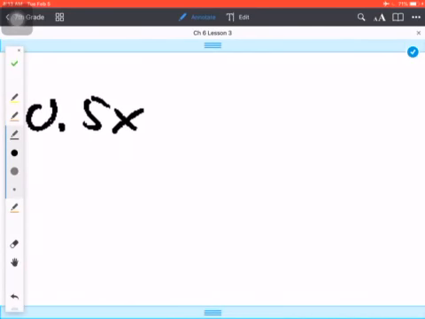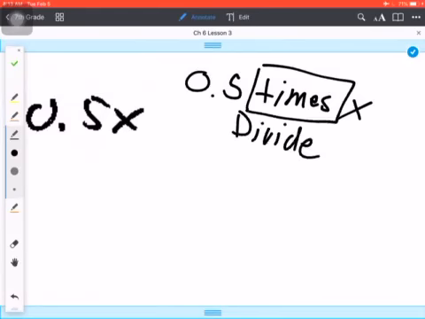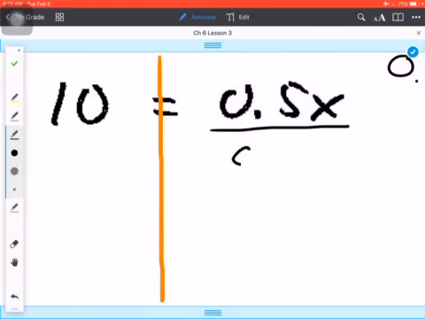So this is really 0.5 times the variable x. Now, to undo this multiplication, we have to divide. When we divide, if you recall from our multiplication and division equations lesson, lesson 2, we make it look as if we are making a fraction.